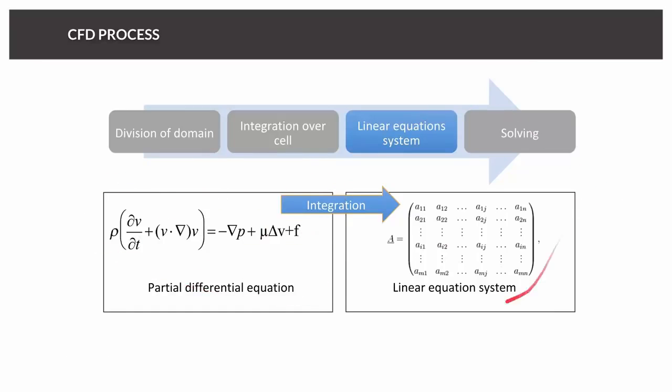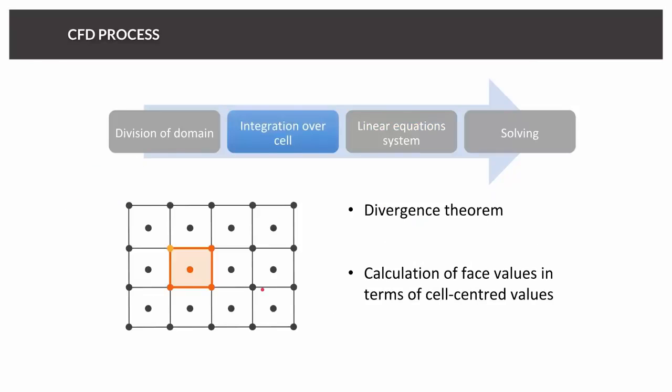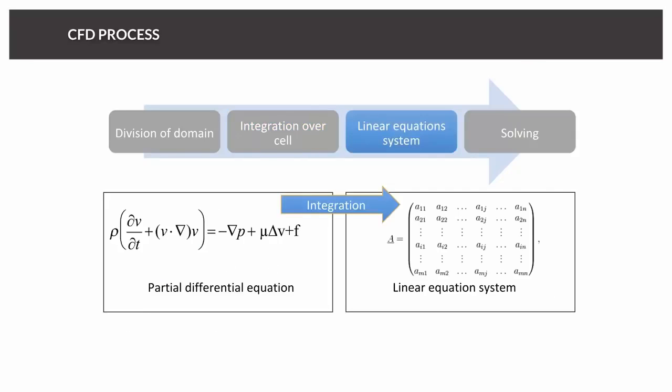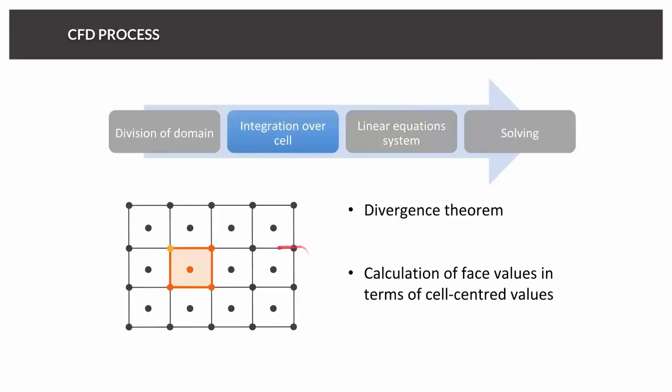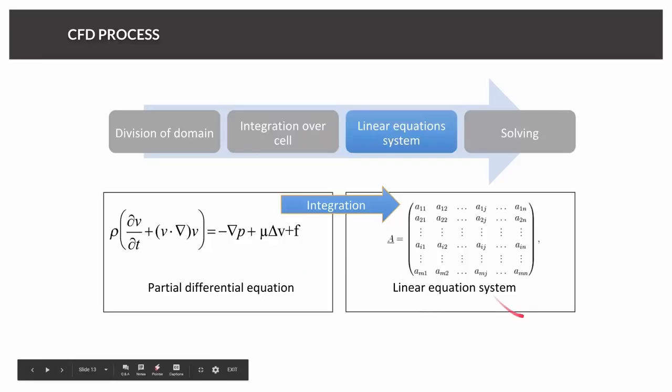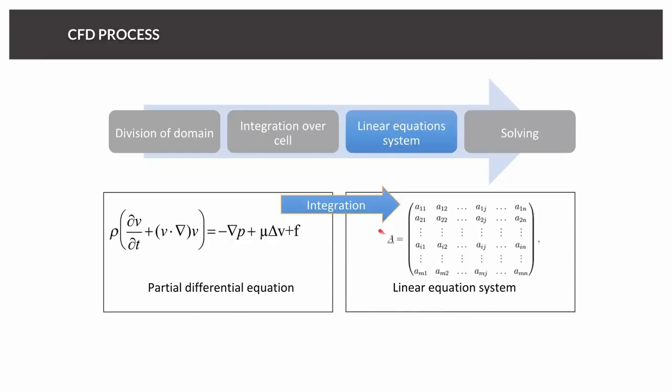But the big difference is that now I'm not looking anymore for, let's say, an infinite number of velocity and pressure values inside my domain. No, I'm looking only for the cell-centered values, and based on them I can calculate everything else. And this is my real linear equation system, which I can solve directly or numerically.